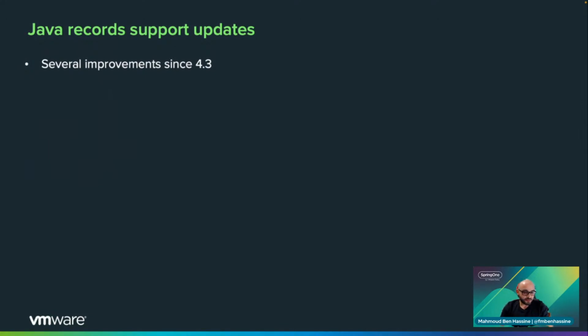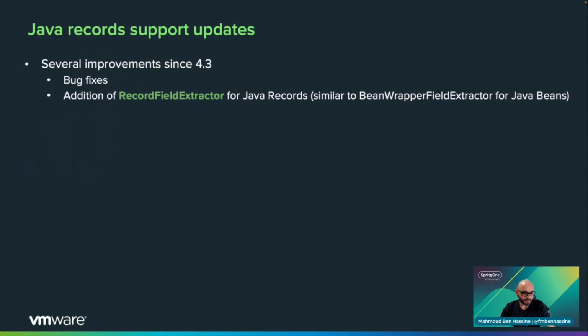So we tried to emulate or support Java records without really having the correct APIs in the JDK. Anyway, we introduced the support for Java records in 4.3, and since then we fixed a couple of bugs and added a couple of new features.